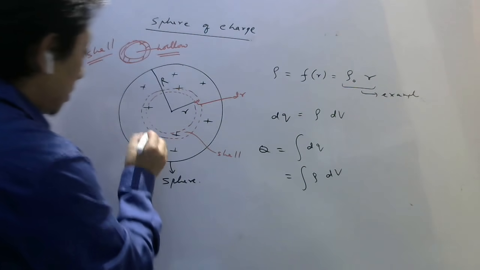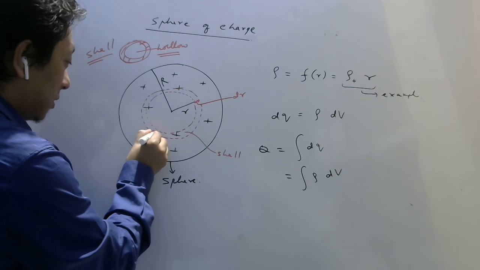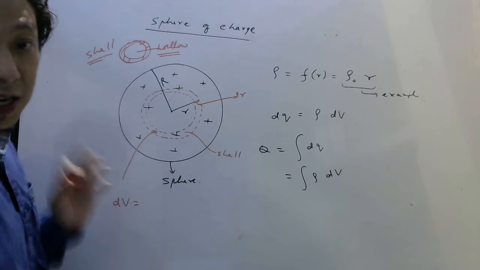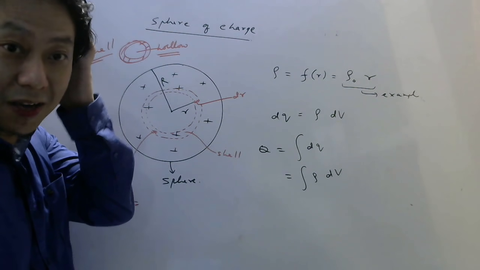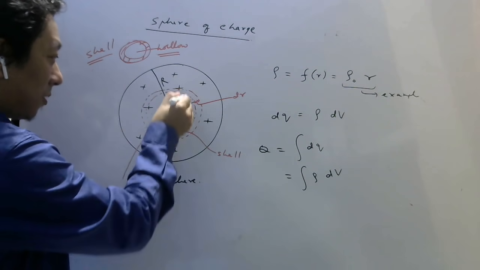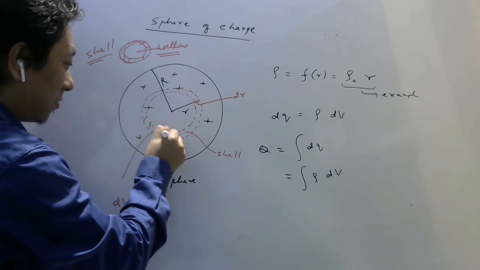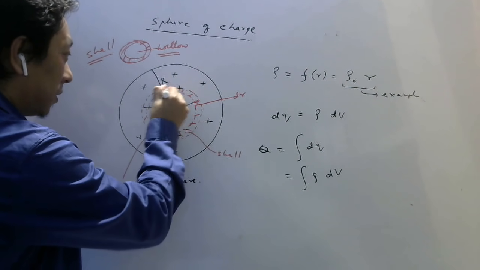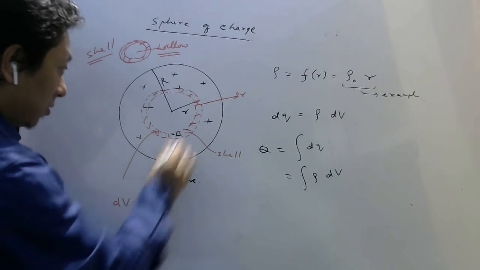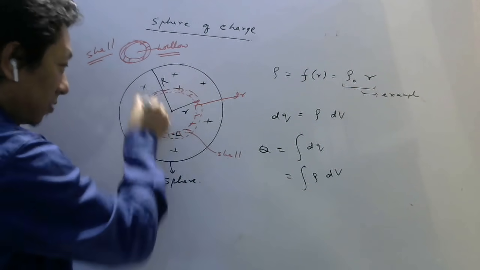Okay. Now, what is the volume of this shell? If I want the volume, don't do pi r square. So what you should do? You should subtract the smaller volume from the bigger volume. Then you will get this volume. This is 3D, okay, students? So what is the bigger volume? It is a sphere, and this is also a sphere.